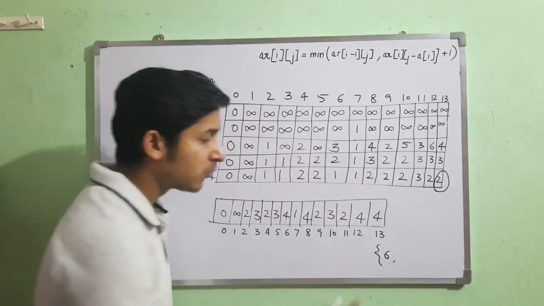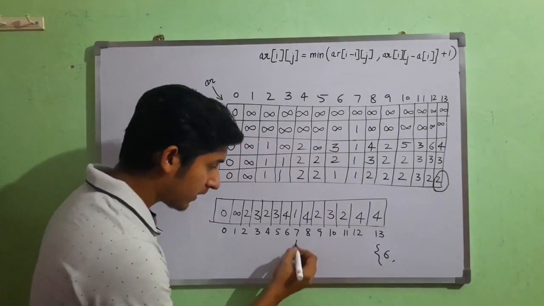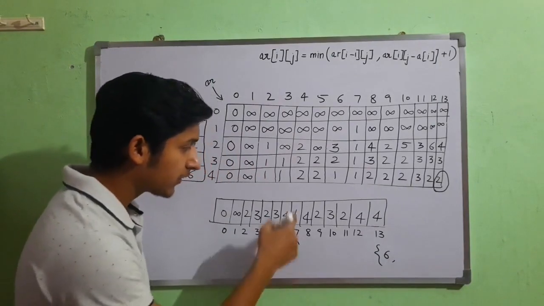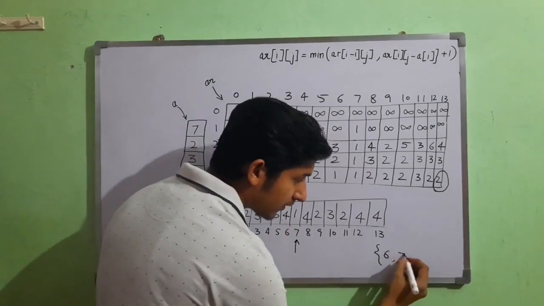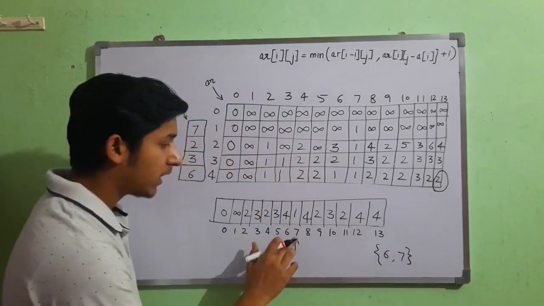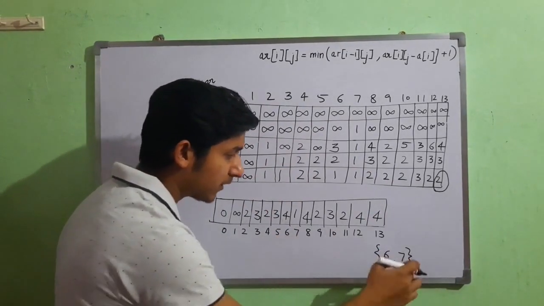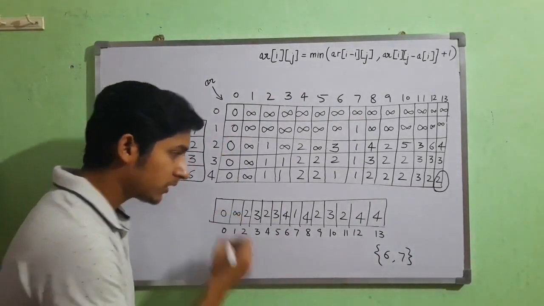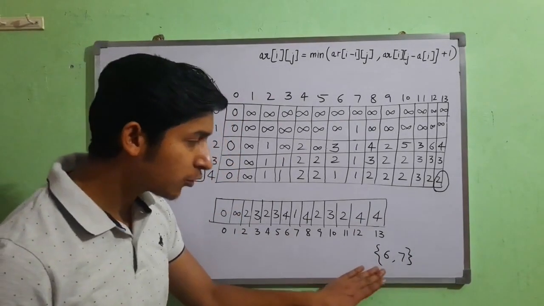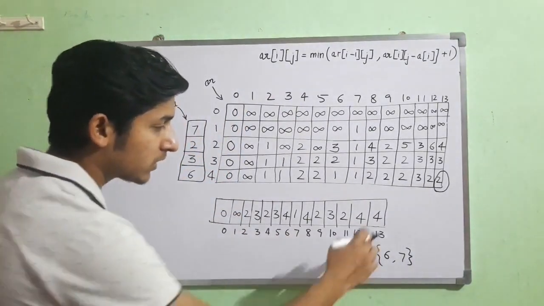And now I'll move to 13 minus 6 at this position. So I'll use the first coin, that will give me value 7. And now 13 minus 6 minus 7, that's 0. So 0 here. So these 2 coins will be used to get the total 13.